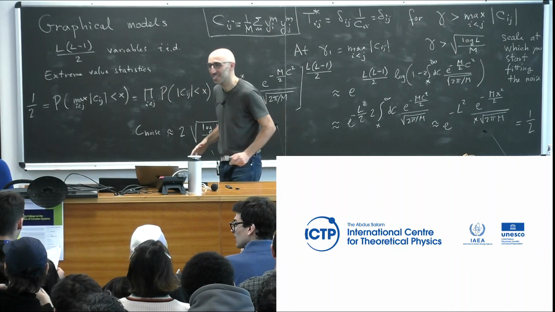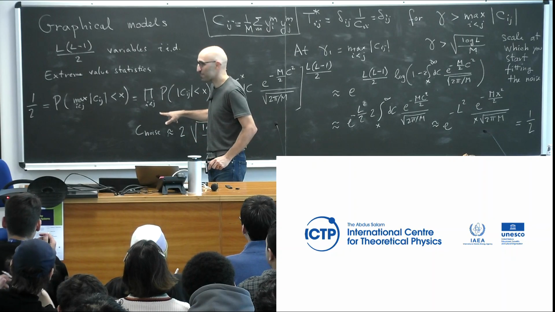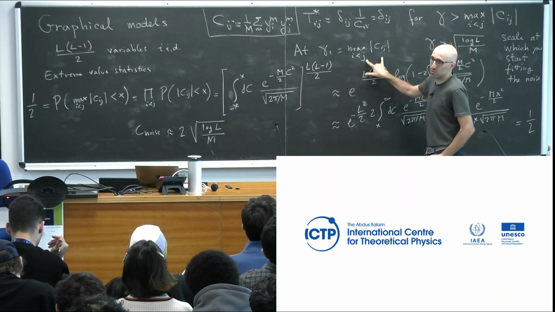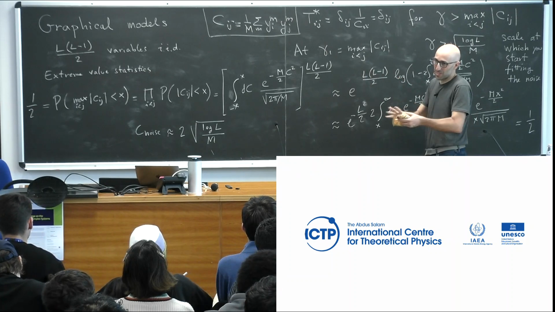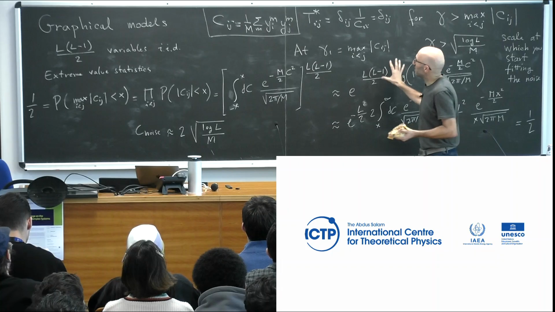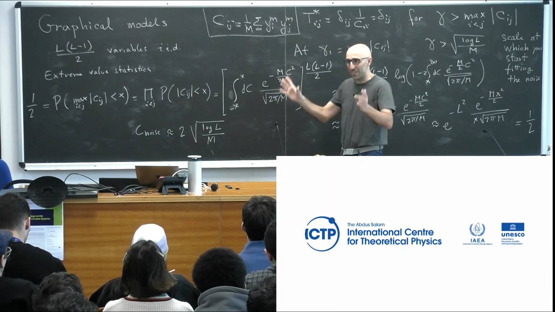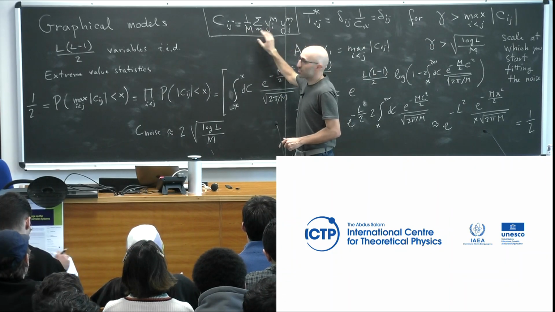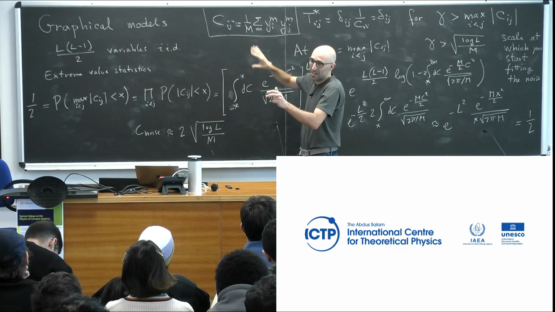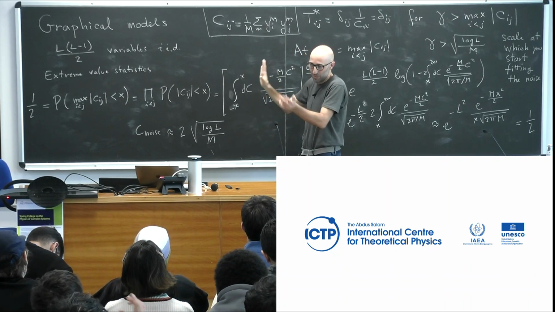Can you also repeat why the 1/2 is the typical value? Yes, because I'm considering my null model where the Cij should be all 0. If I had infinite data, this Cij should converge to the identity, and all the off-diagonal elements should be 0.